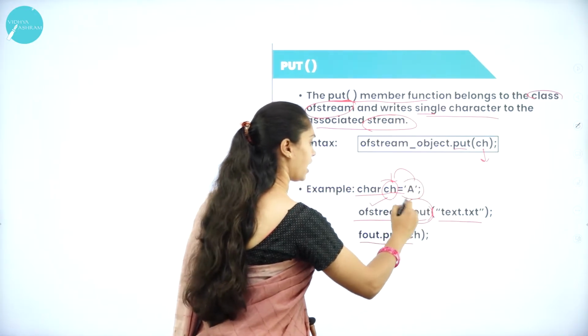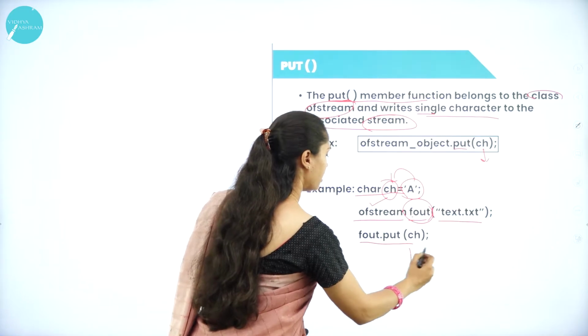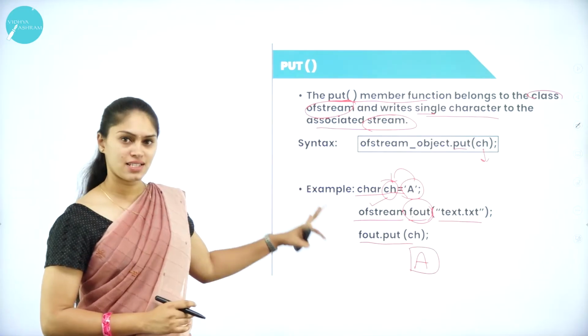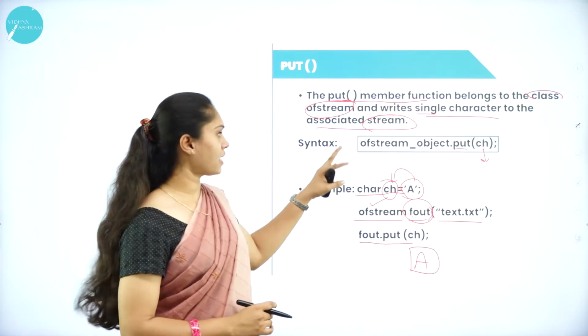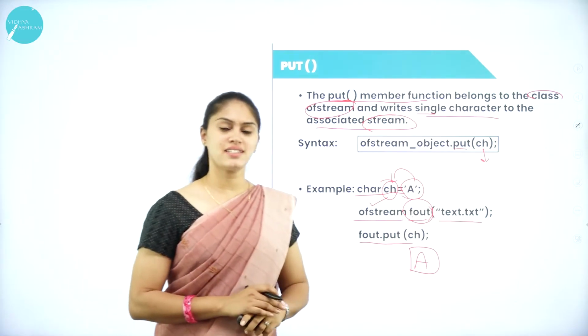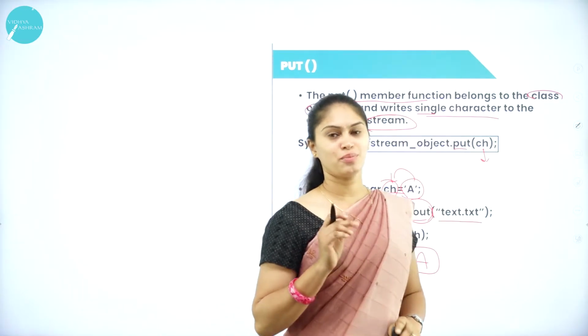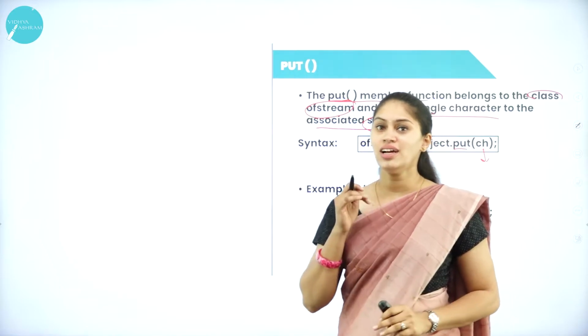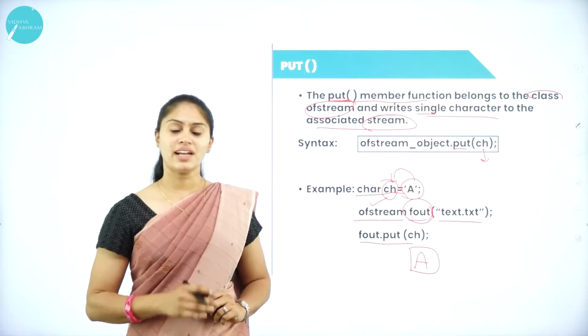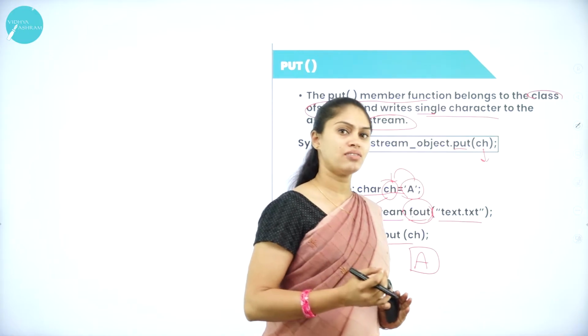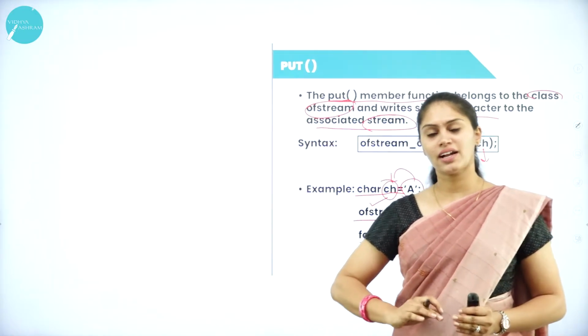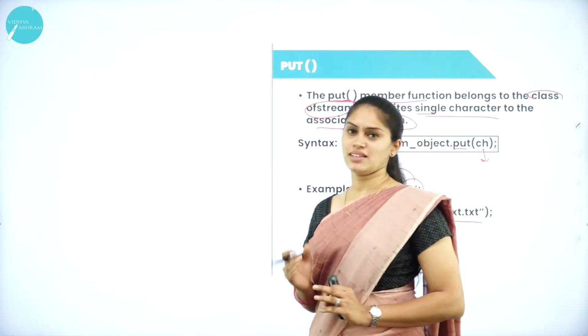That is nothing but a, so that will be displayed in the file. This is how I can print a single character to the associated stream by making use of the put member function. It is related to text files. Now I know how to give a single character as an input and how to use a single character as an output.